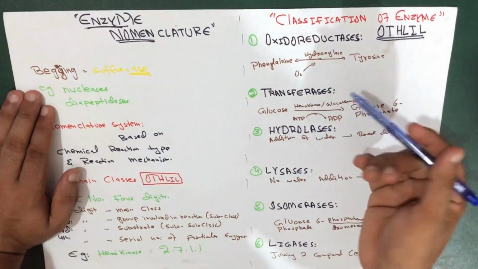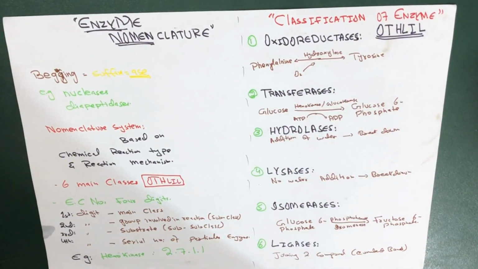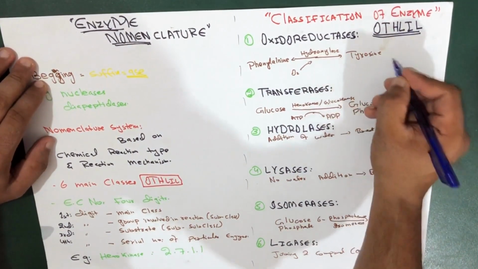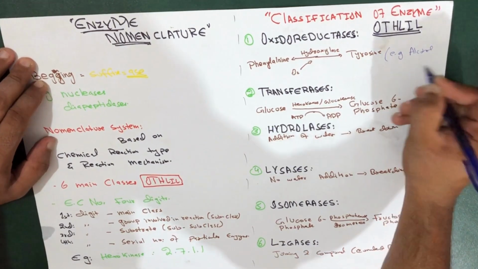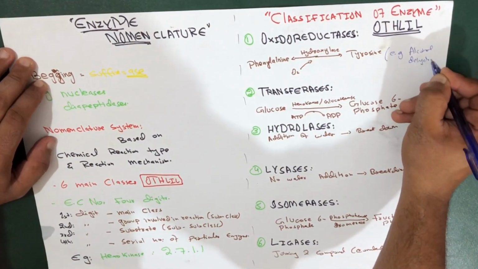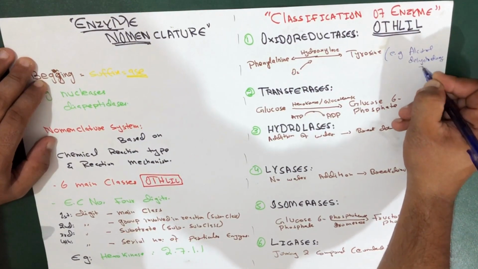Alright, we have a few examples of oxidoreductases. We have alcohol dehydrogenase, sorry about my writing.